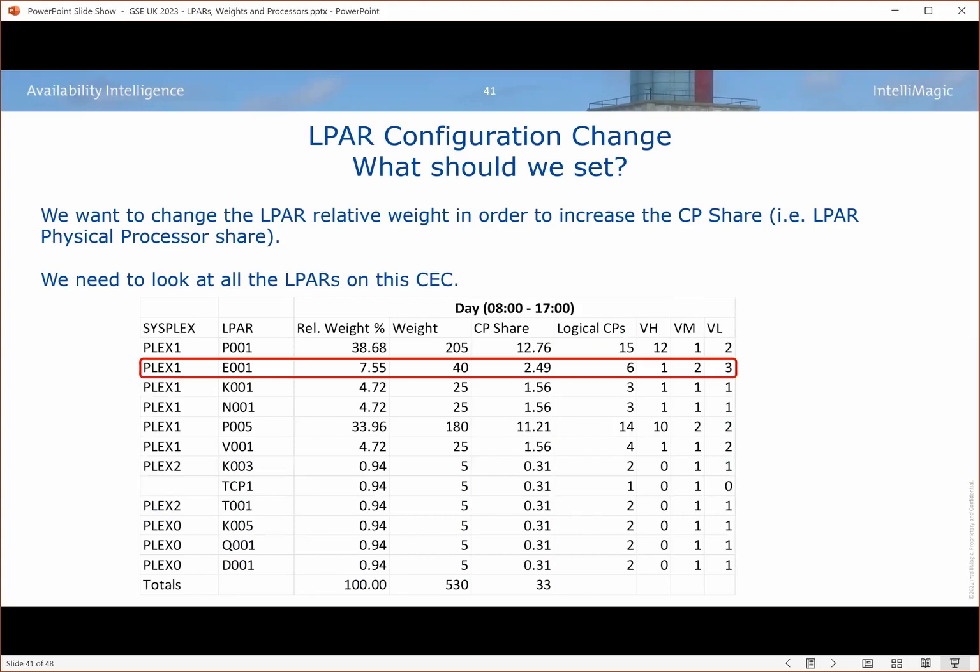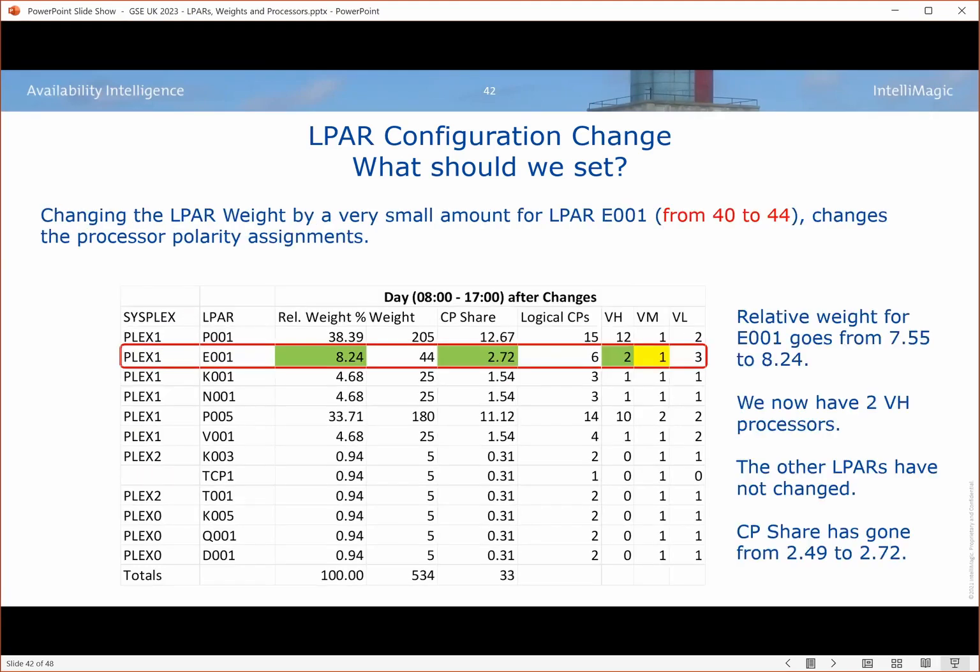Okay, so I said I wanted to change the relative weight in order to modify that CP share. So currently, for this LPAR, the weight is 40, i.e. relative weight of 7.55%. So when I change the value from 40 to 44, I've changed the relative weight to 8.24. Not a huge difference. If I look at the number of logical CPs, I didn't touch that. We still have 6 defined. But the number of vertical highs has changed from 1 to 2.